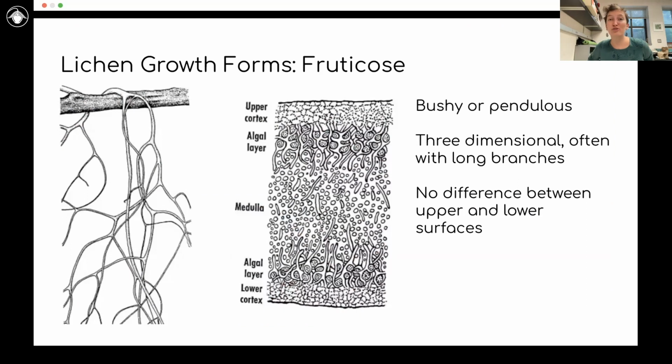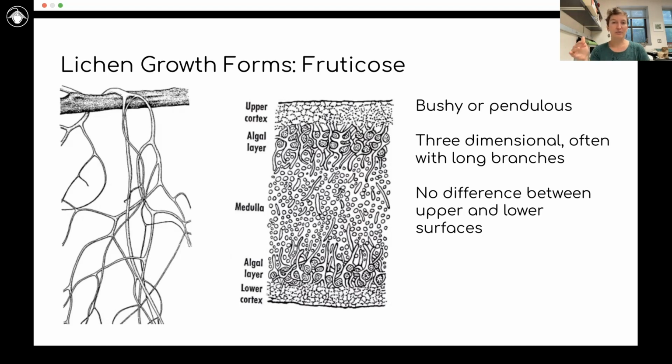So our other super three-dimensional growth form are the fruticose lichens. These can be thought of as bushy, so very three-dimensional, upright, or pendulous, very three-dimensional, hanging down. Often with long branches, but not always. They can be kind of like small little bushy tufts.